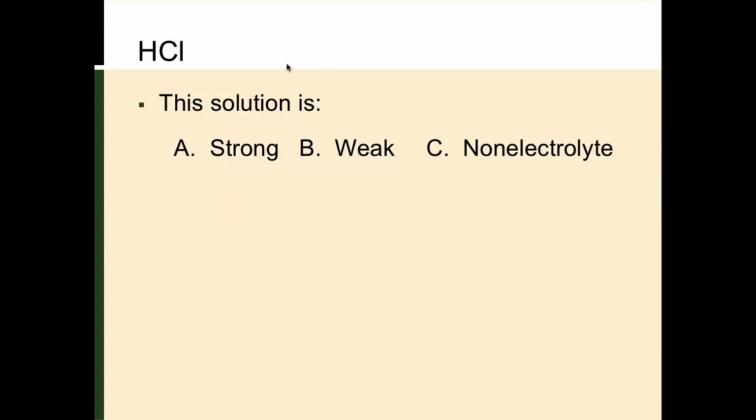Okay, so in this instance, it's actually a strong electrolyte. HCl is a precursor to hydrochloric acid, so it will dissociate in water to form H+ and Cl-. It's a strong acid, hydrochloric acid. I haven't really talked in so much detail about this.